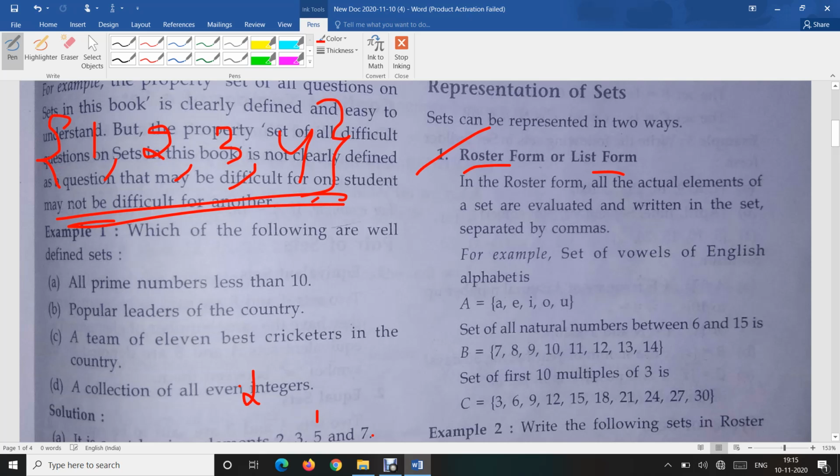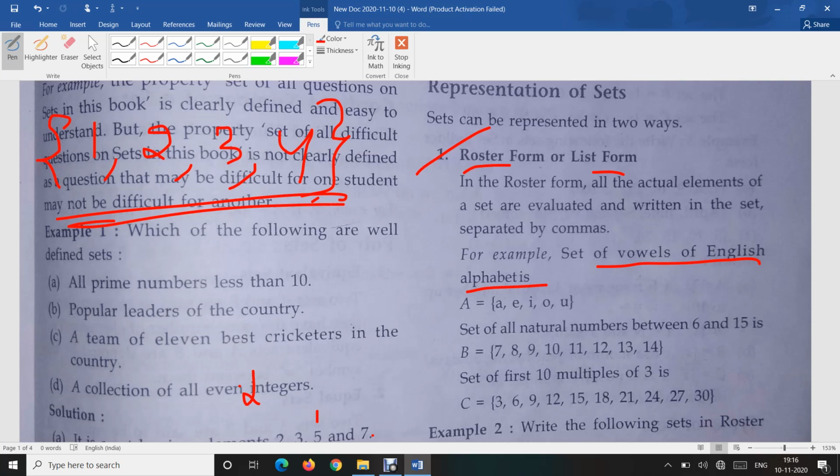So this is the simple form, the roster or list form. Suppose you have to write the set of vowels of the English alphabet. We are all familiar with the alphabet: A, B, C, D, E, F, G, H, I, J, K, L and so on. And we know that there are 5 vowels in these alphabets: A, E, I, O, U.